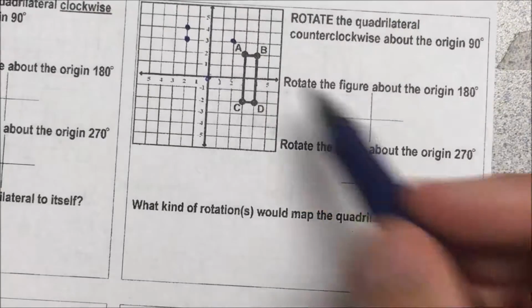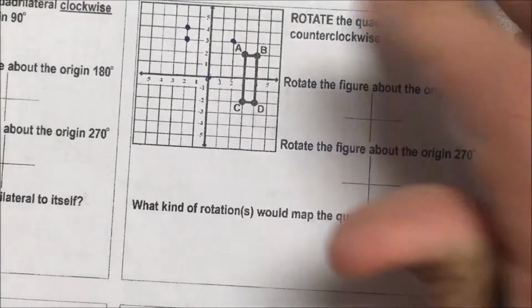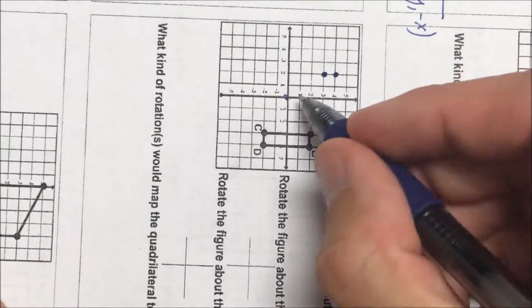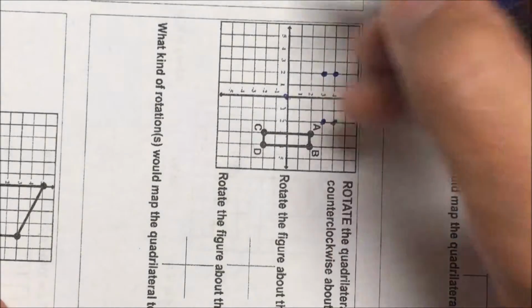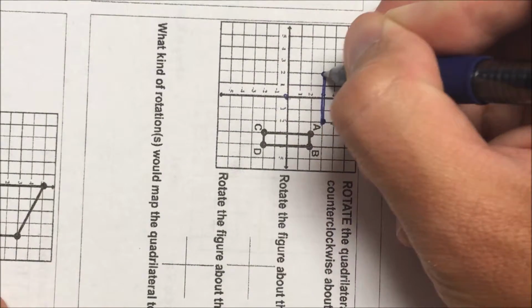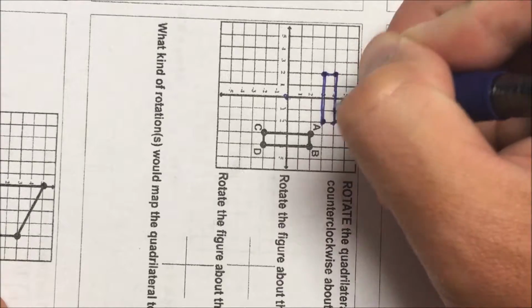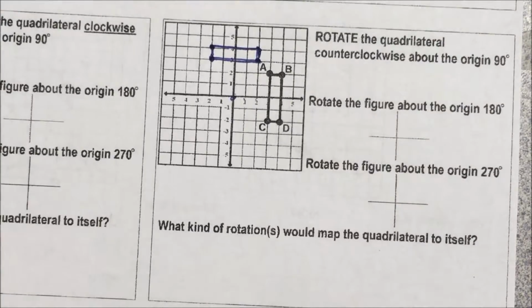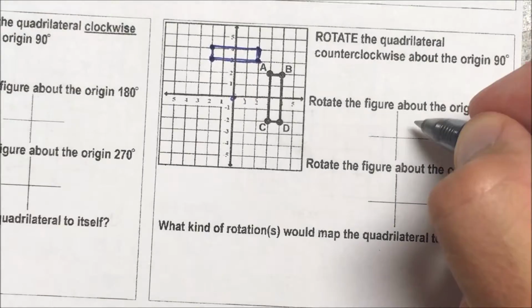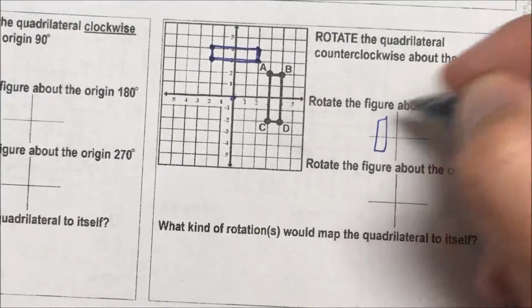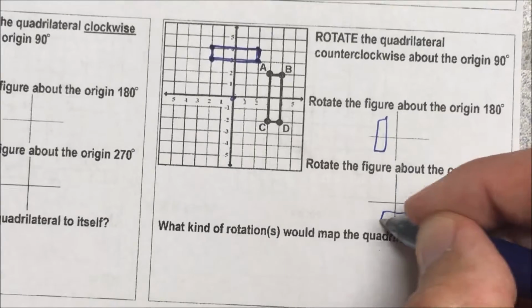And to get D, I went to the right 4 and down 2. So my new figure that got rotated is right there. If I'm going to rotate it 180 degrees, it's going to end up over here, and 270 would be down here.